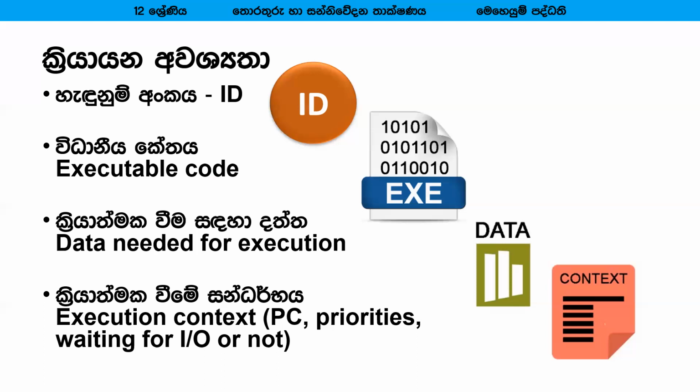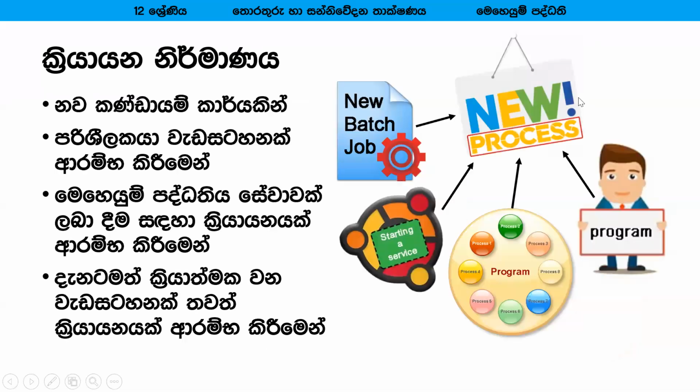Those are called the priorities. So likewise, in process management, processes need priorities, and according to those priorities they will be sent to the CPU for execution. Those details are called the context of a process. So those four things need to be there.